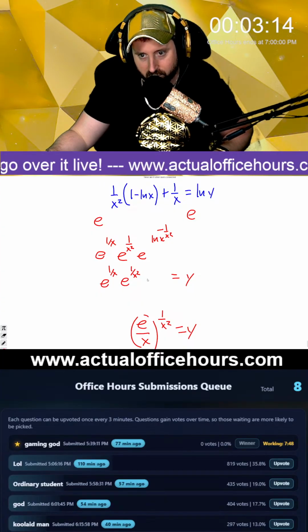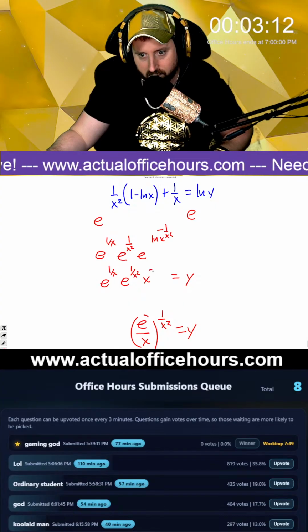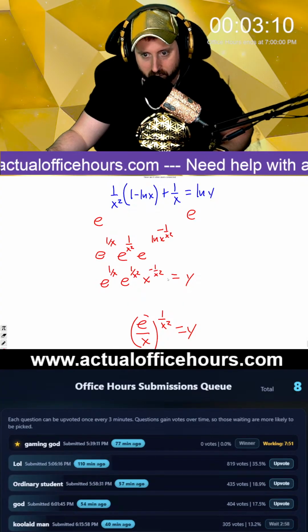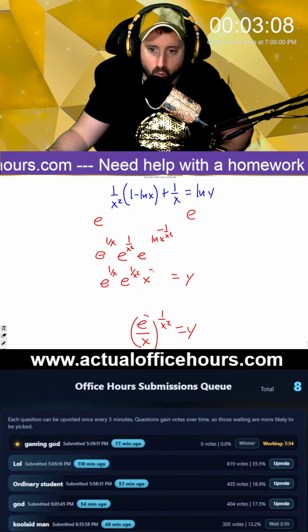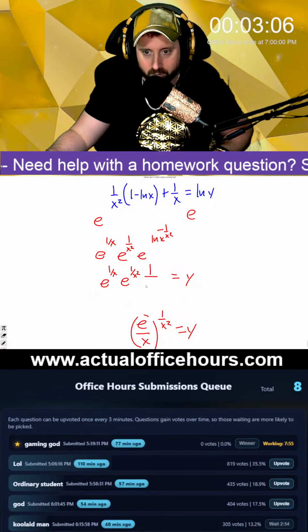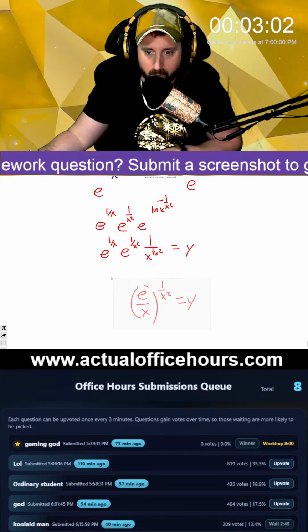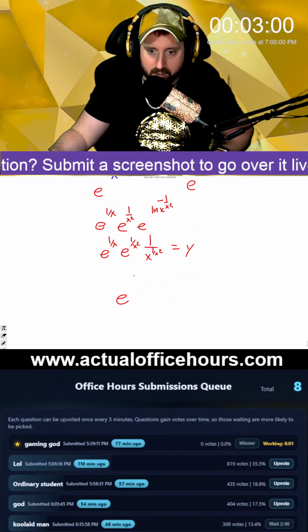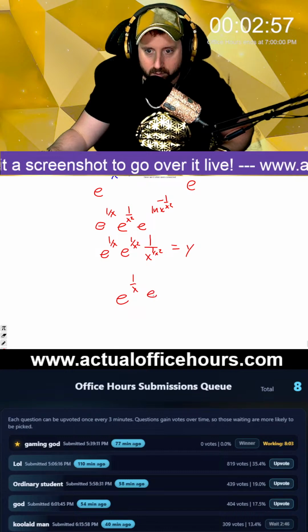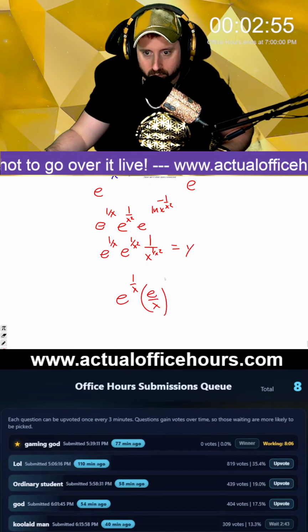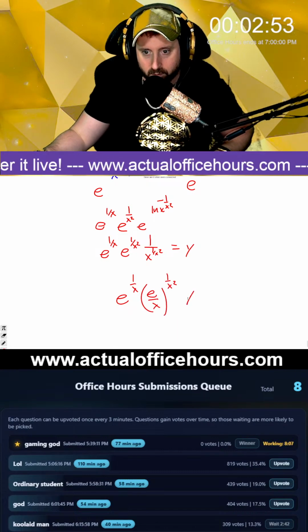So this is just x to the negative 1 over x squared, which is the same thing as 1 over x to the 1 over x squared. Right? Okay. Yeah, so now that's e to the 1 over x, e over x to the 1 over x squared.